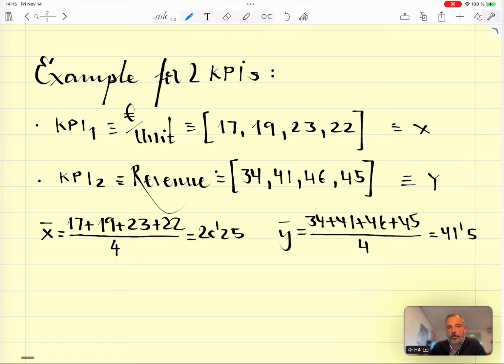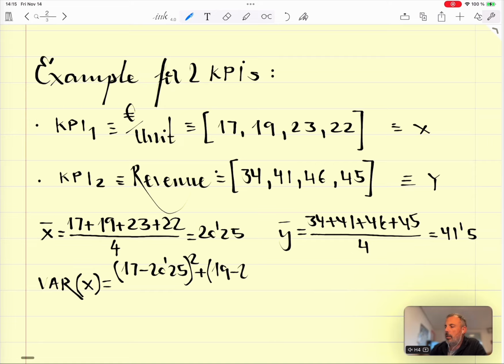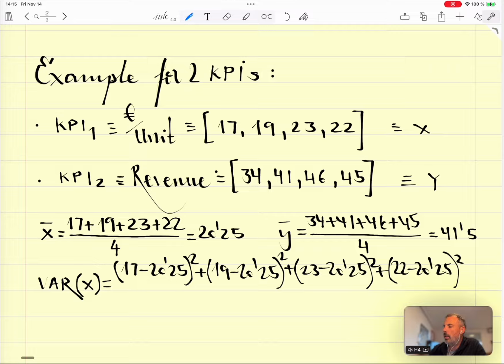Okay. So the variance of x is 17 minus 20.25 squared plus 19 minus 20.25 squared plus 23 minus 20.25 squared plus 22 minus 20.25 squared, divided by 3, which will give 7.67.